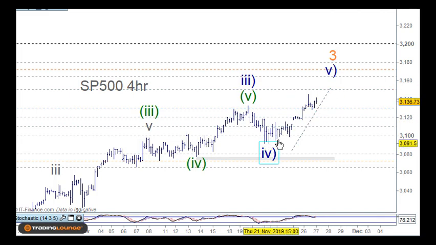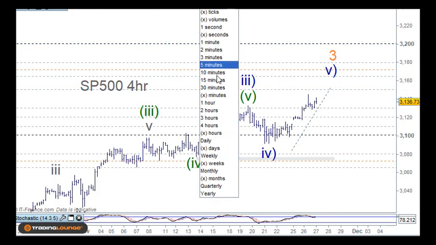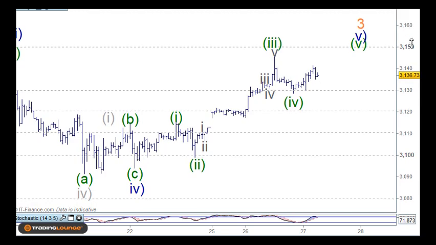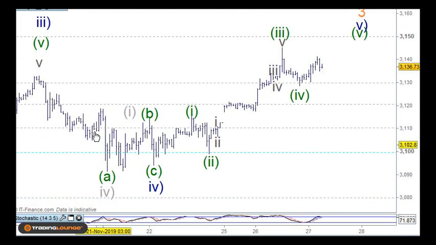Let's go and have a look at this wave structure from here in terms of the 1-hour chart. As I mentioned before, coming down from the top down through to here, it's possible to have wave 4 here or here. So I've taken the conservative view of looking at it from this point here, but we'll also take a look from this point too on the cash market.